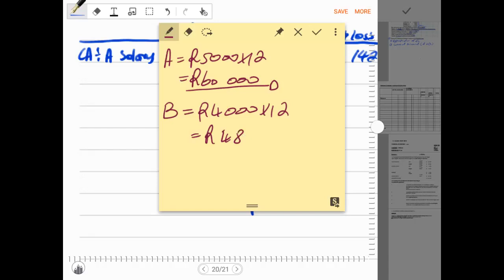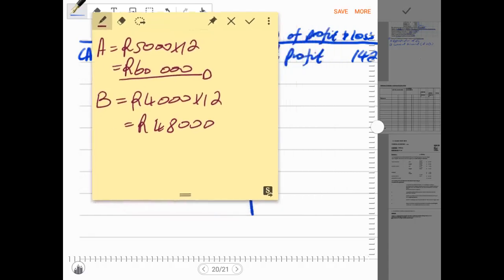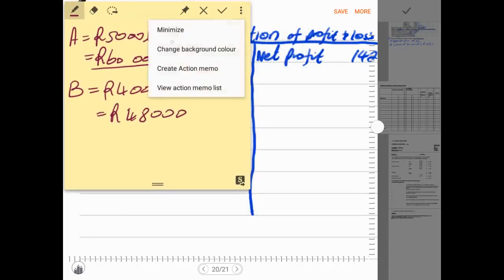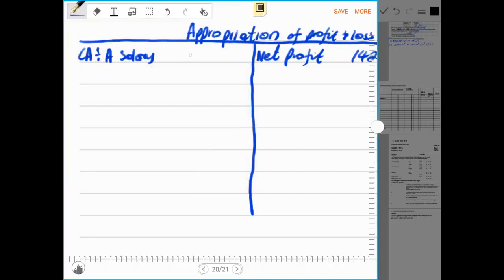So the salary for partner B will be 48,000 rands for the full year. We record both salaries on the debit side of the appropriation account: 60,000 rands for partner A and 48,000 rands for partner B.